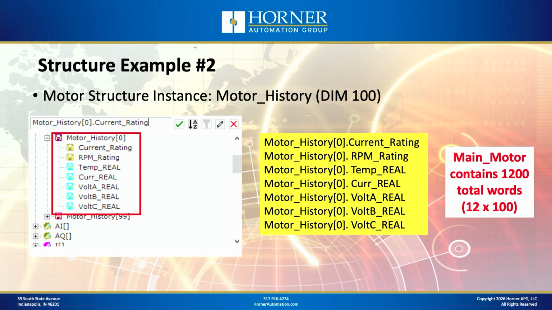It takes up 1,200 words, because each element of the array is 12 words, and there's 100 different members of the array. So that's 12 times 100 words for that particular variable.